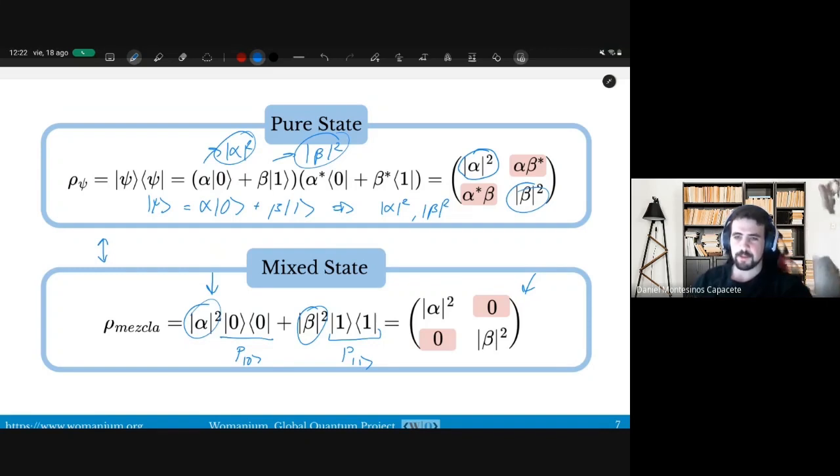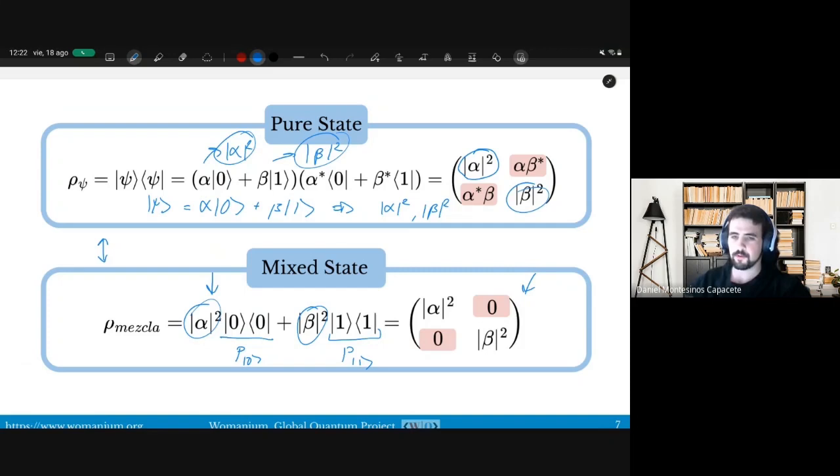Experimentally, at the end, we are going to be measuring probabilities, or expected values, since in quantum mechanics you cannot exactly know the outcome. You can only know the probabilities and expected values by doing a lot of experiments and repeating them, and at the end you get some statistics.